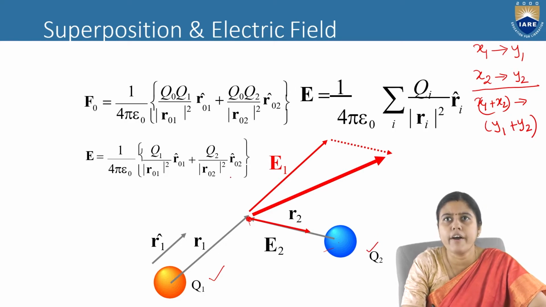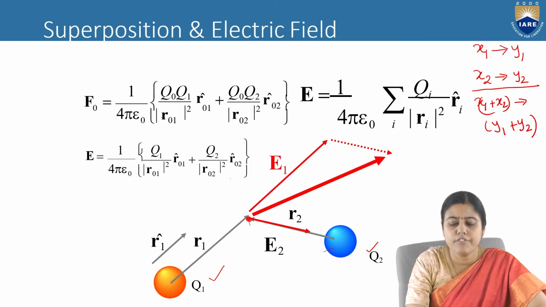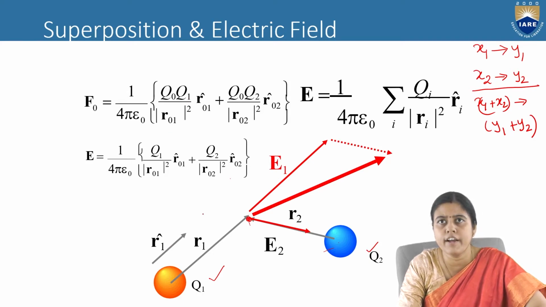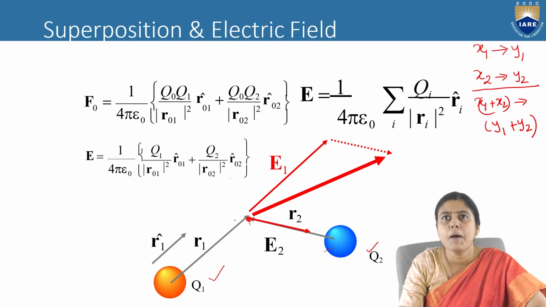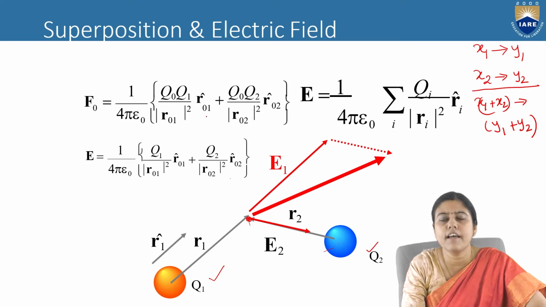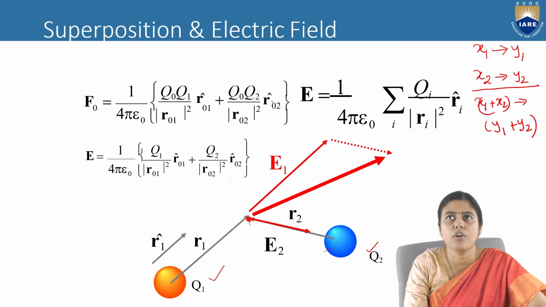If this point charge is Q0, we can write the force is equal to Q0 Q1 by R1 square, this is the R1 square, plus Q2 Q0 by R2 square. And this is the direction: this is the unit vector of R1, and this is the unit vector of R2. So what is the E?